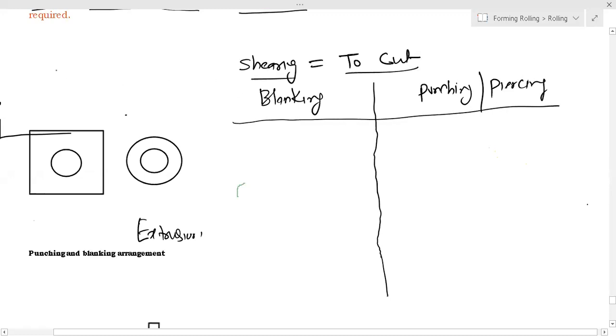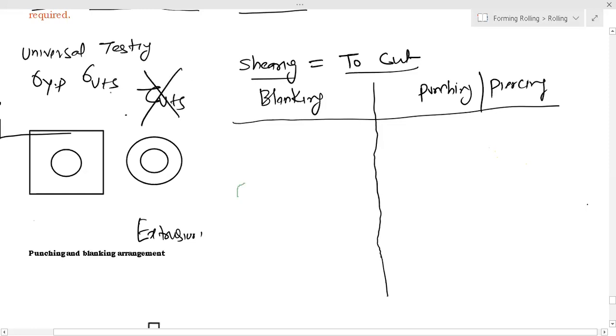In a universal testing machine, we get sigma yield point and sigma UTS, the ultimate tensile strength value.